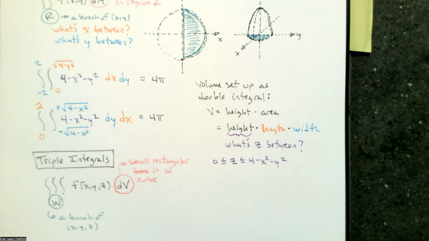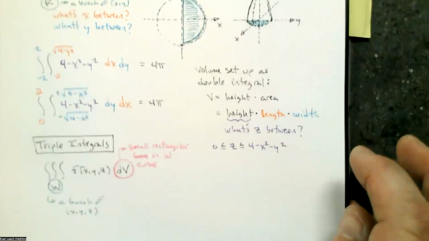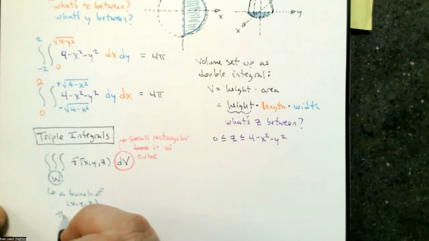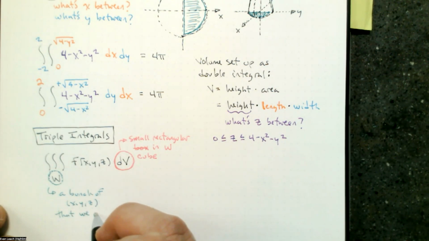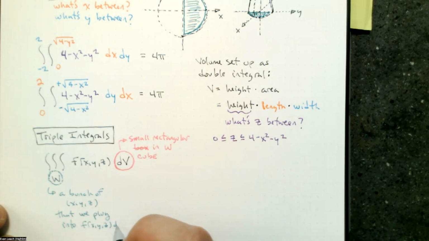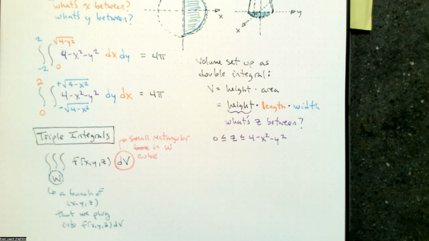So this is a bunch of x, y, z that we plug into the function f of x, y, z. That's what we're going to be plugging into the f of x, y, z times dV.